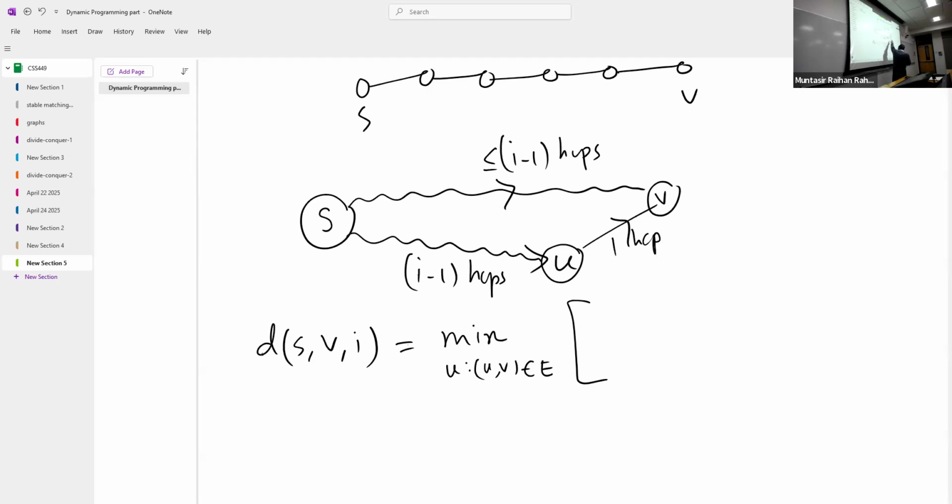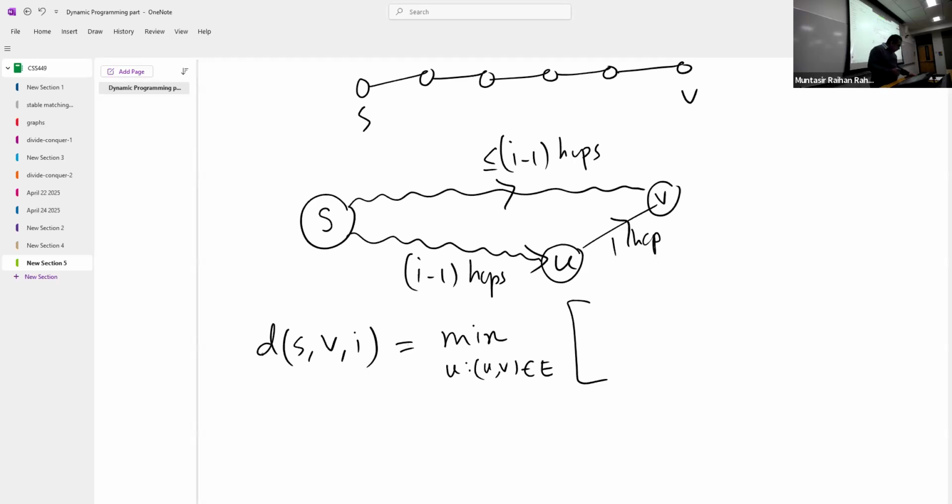If the path from S to V already has less than or equal to I minus 1 hops, then that's one case, and the other case is that it has actually exactly I hops, right? In that case, you have to have this case where this one is I minus 1 hops.